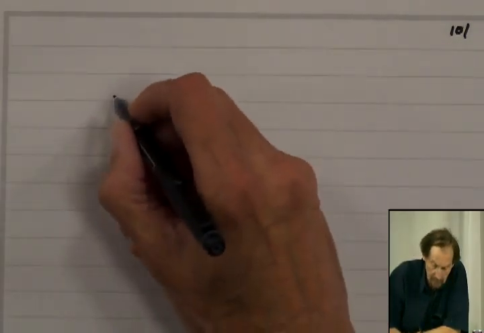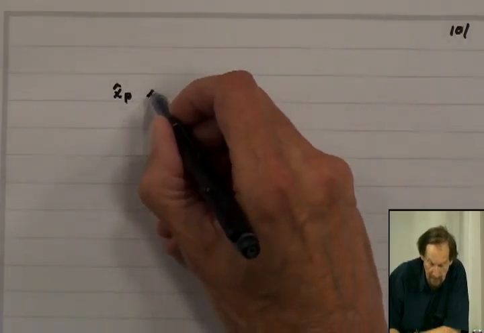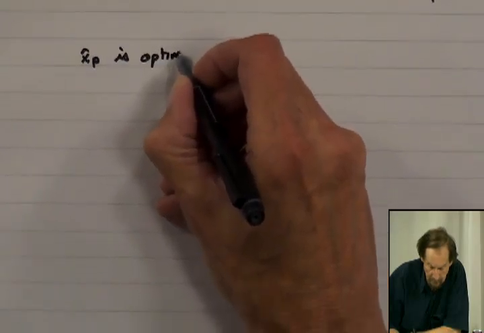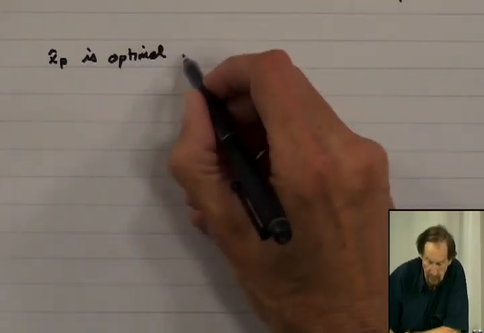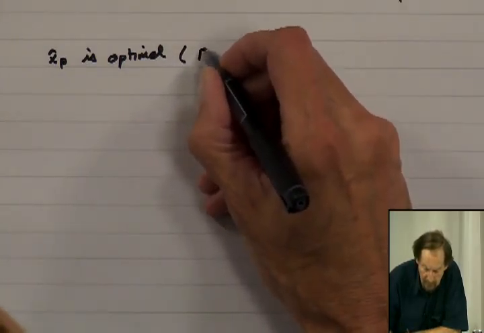Okay. Now let's talk about what we have here. Now we'll say that X hat P is optimal. Alternatively, we call this efficient.